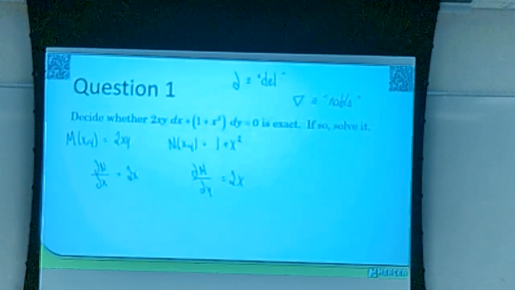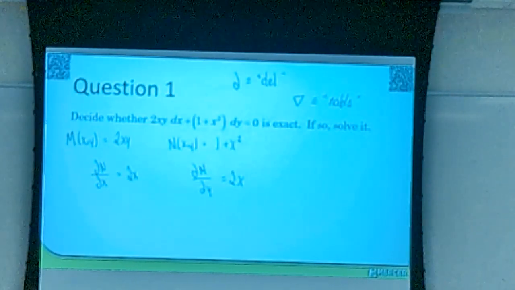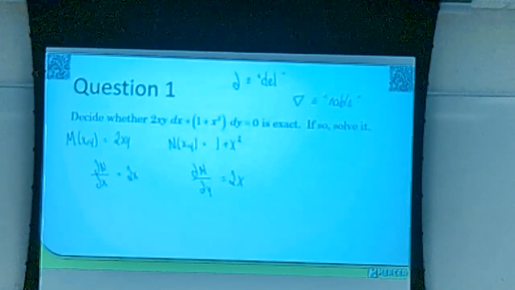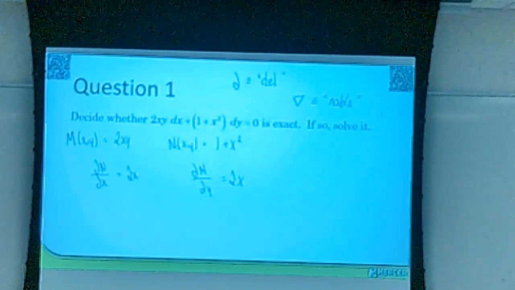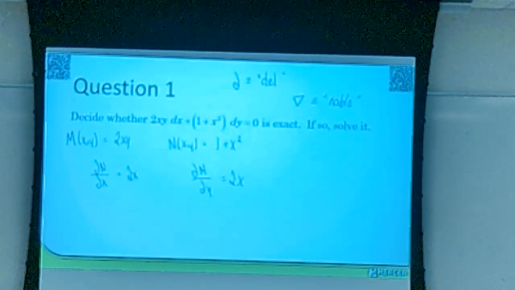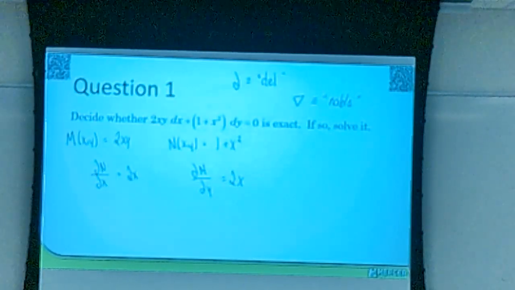But a lot of times when we're talking about curl, we'll say del cross F. We actually mean nabla cross F. We call it del because it's actually the del operator. Don't know why they came up with that terminology, but they did. And then of course you have del squared, which is the Laplacian, which is also pretty cool. We'll study that in calculus.